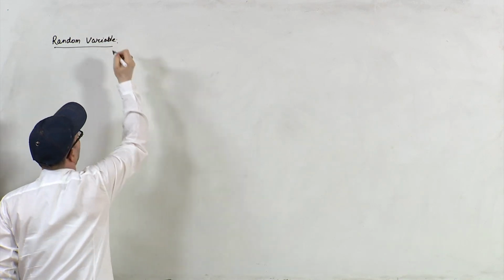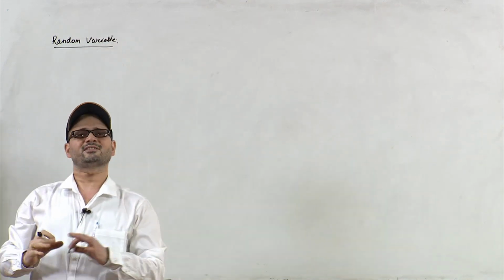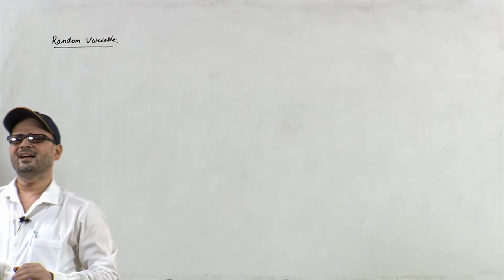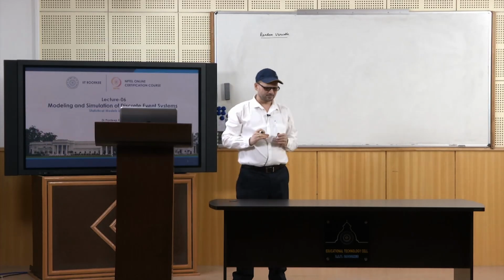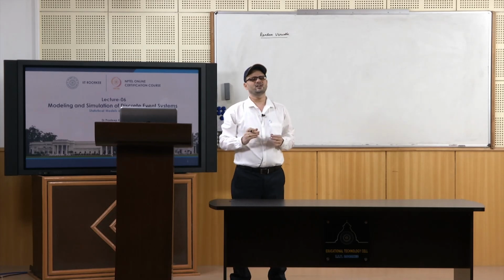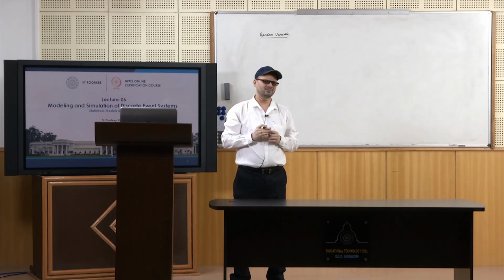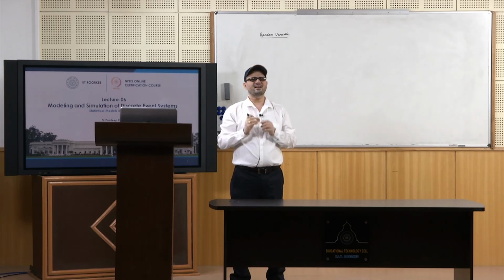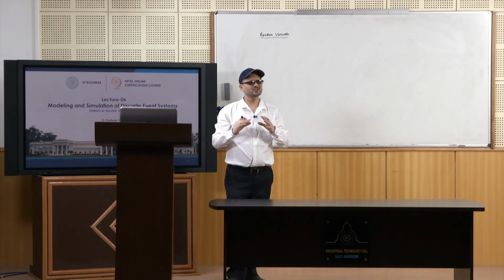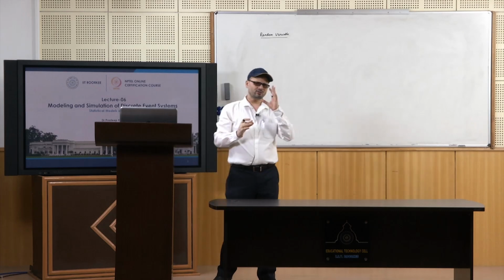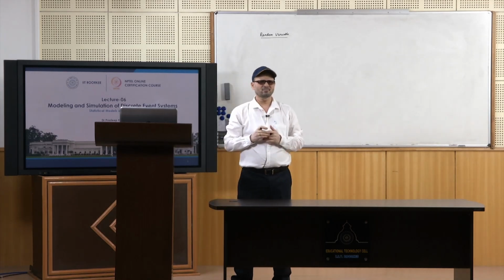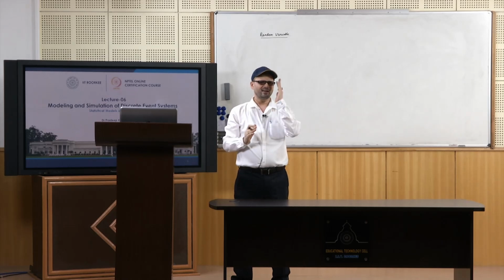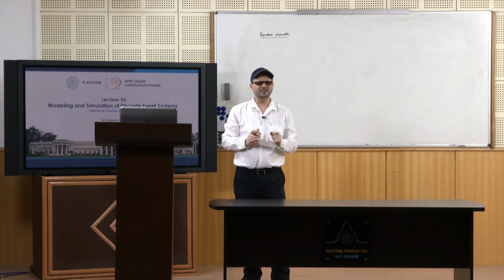as we know, this is a variable which has randomness attached, and these random variables are of two types when we study modeling and simulation. You have a discrete random variable and a continuous random variable. A discrete random variable possesses values which are discrete, finite or countably infinite, which you can identify individually.